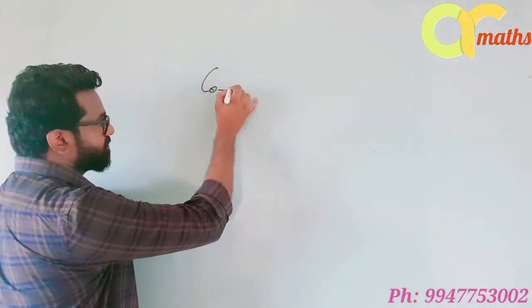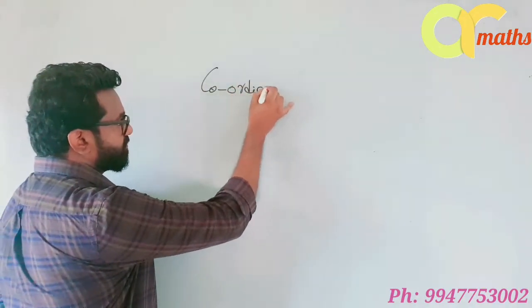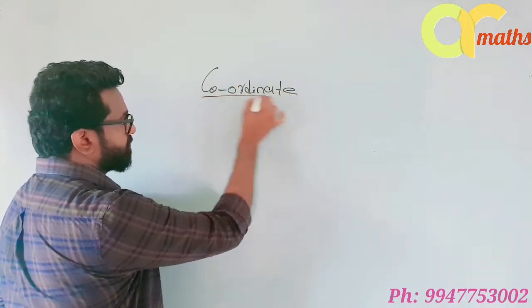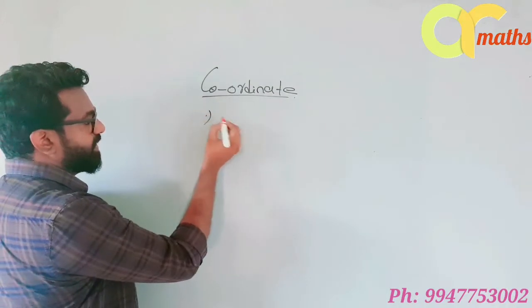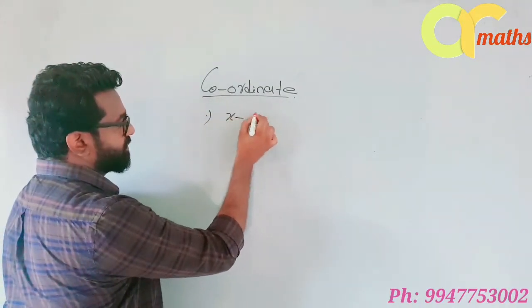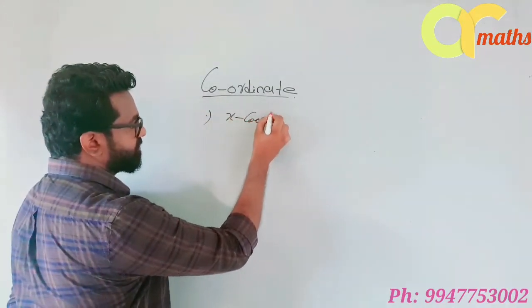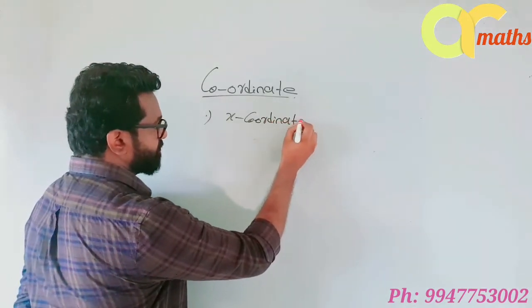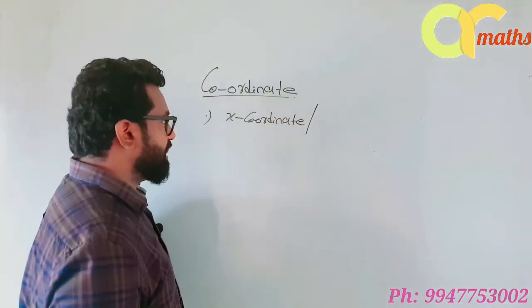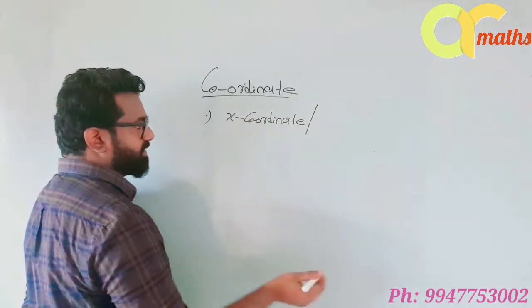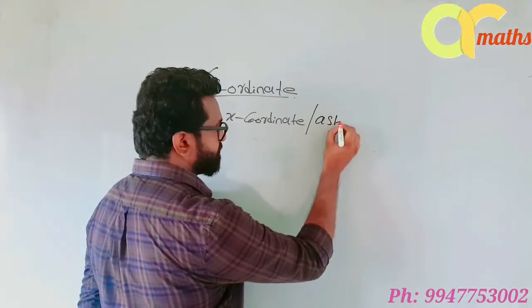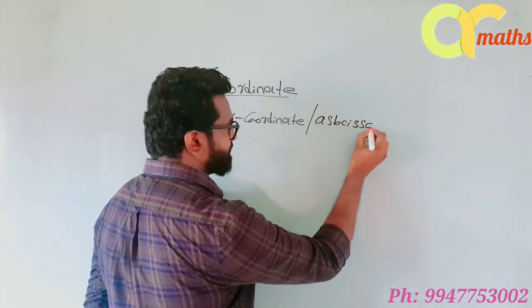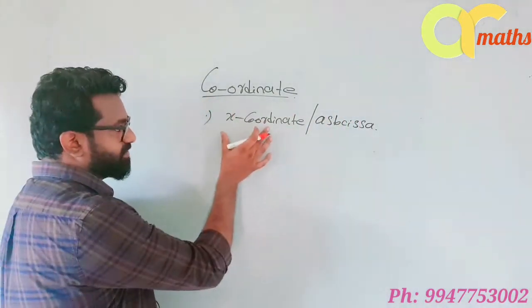Okay, next we are going to discuss coordinates. First one, x coordinate, or another word for x coordinate is abscissa. X coordinate or abscissa.